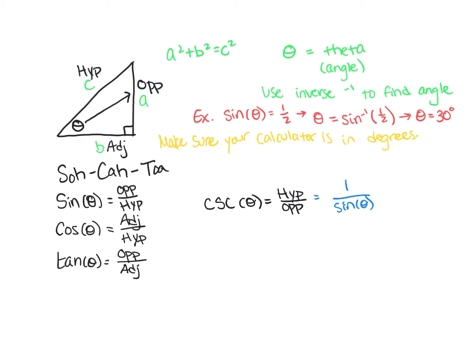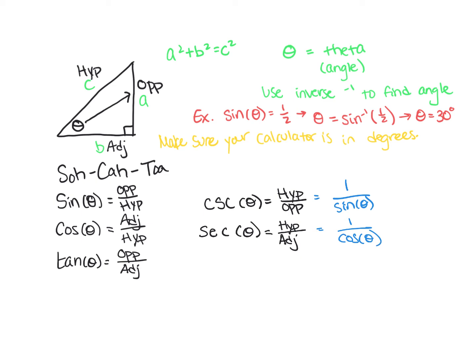The flip of cosine we call secant, which we shorten to SEC. Sec of theta is equal to the flip of cosine, or hypotenuse over adjacent, which you can also think of as 1 over cosine of theta.